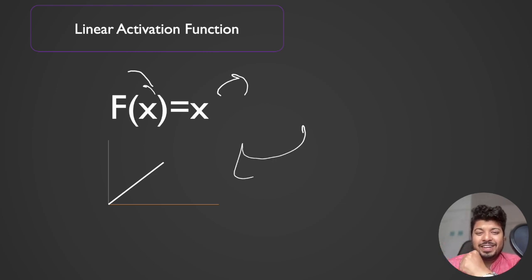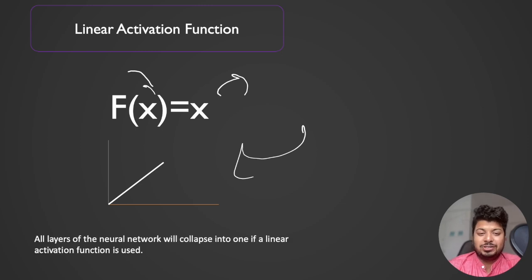It's a very problematic activation function because it's mostly used in regression networks, because all layers of a neural network will collapse into one if linear activation function is used. So if we are planning to create a neural network architecture, we don't use linear activation function at all. Just keep that in mind.